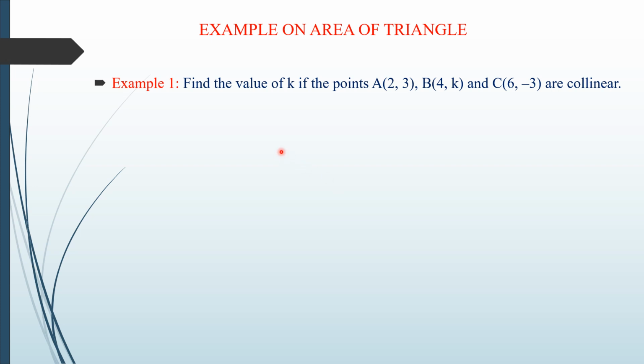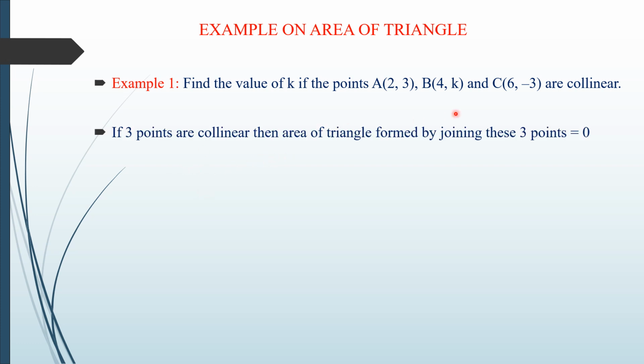So if I consider these 3 points are collinear. What are collinear points? If 3 points exist on the same straight line, they are called collinear points. We know that when 3 points are on the same straight line, the area of that triangle would be equal to 0. Using that information, we are going to solve this.